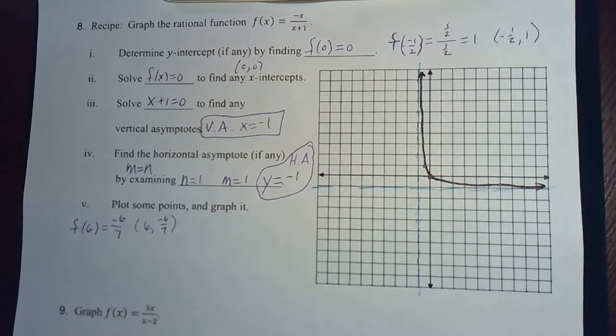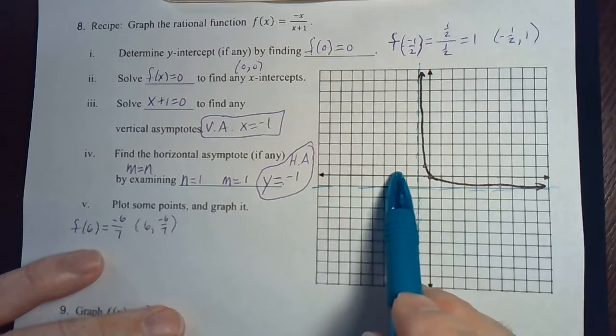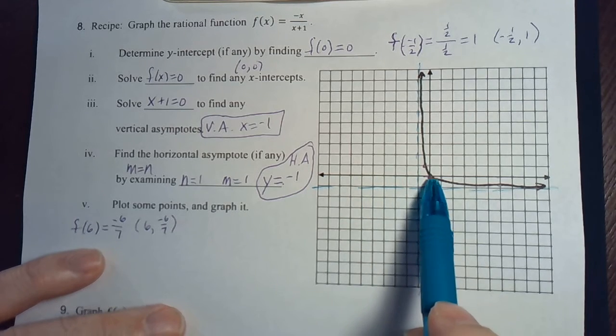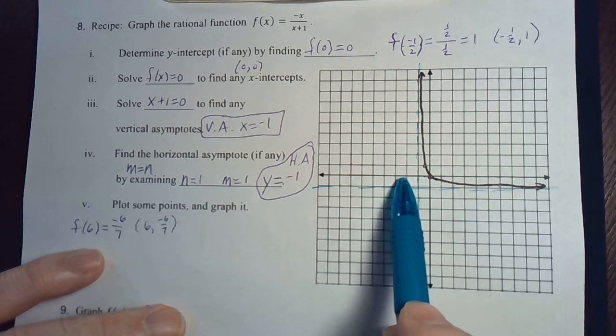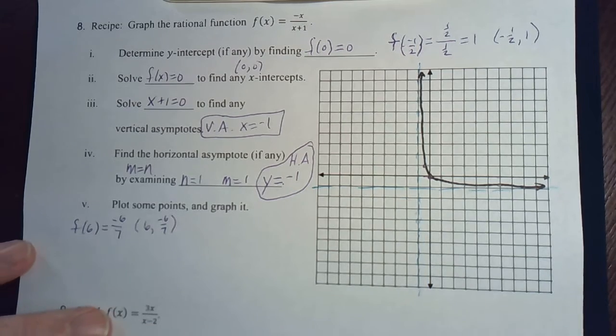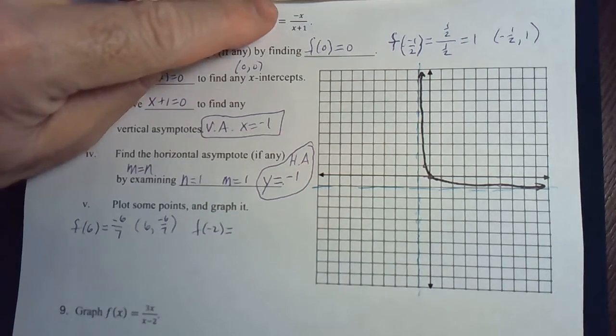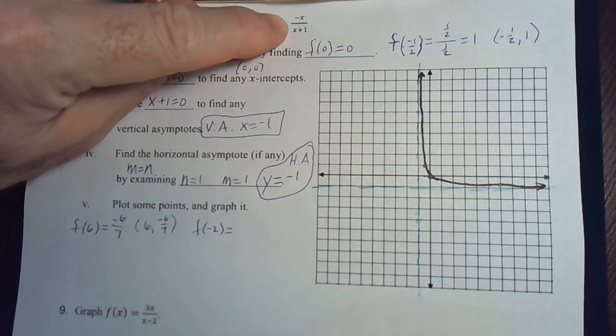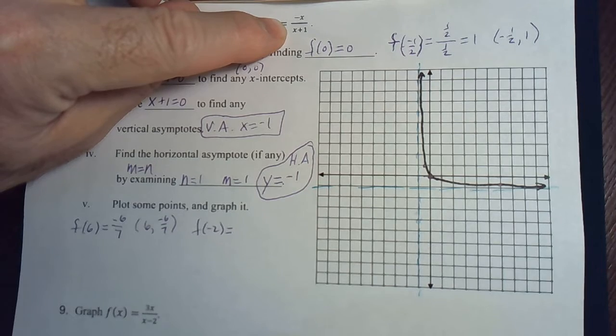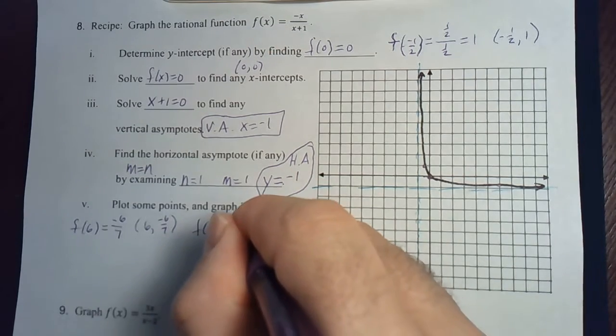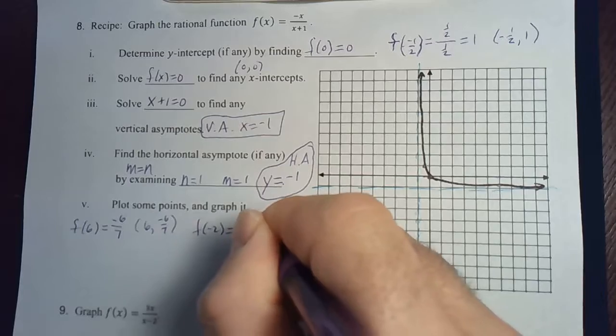All right, now let's do 3 points to the left of this vertical asymptote. How about negative 2 for starters? f of negative 2 is going to be positive 2 over negative 1, which is negative 2.